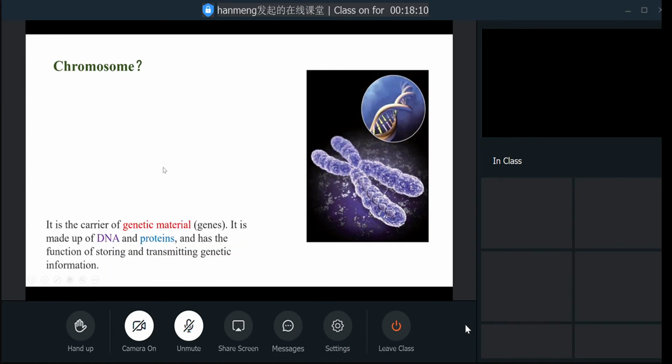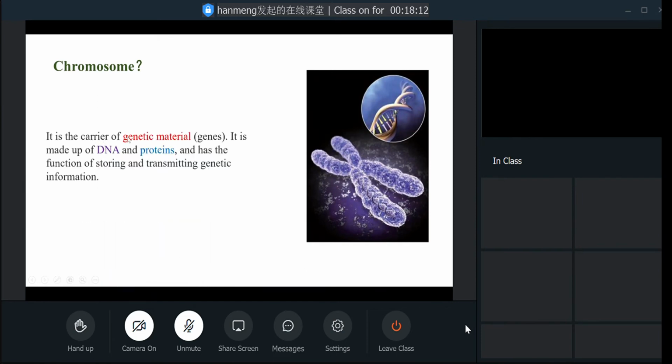So the chromosome is a carrier of genetic material, the genes or the DNA sequence. The chromosome is made up of DNA and proteins and has the function of storing and transmitting genetic information. Most of the proteins are histones.